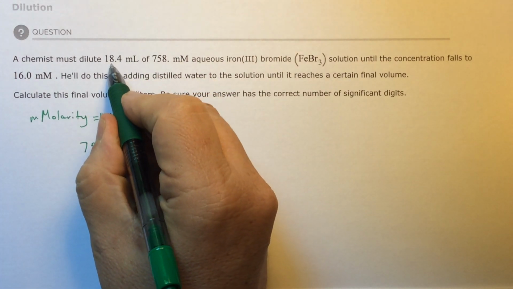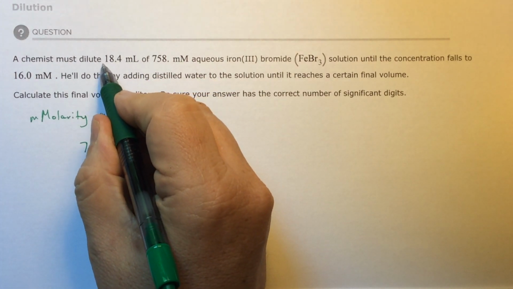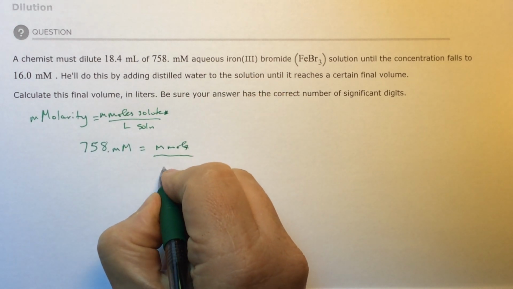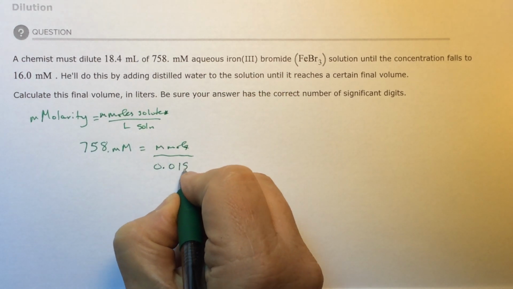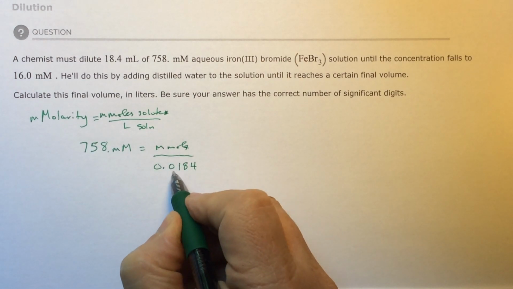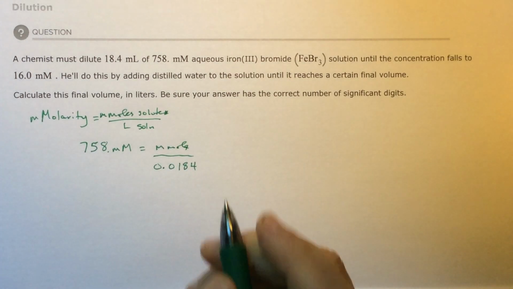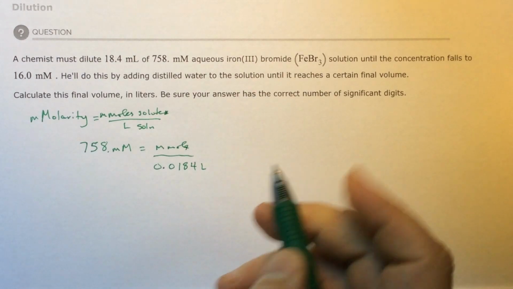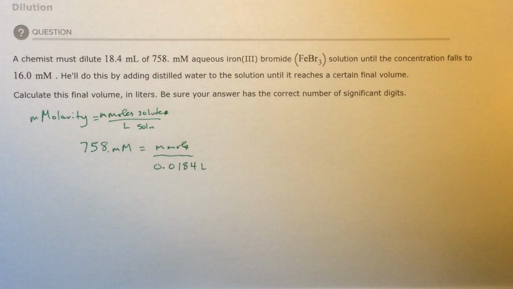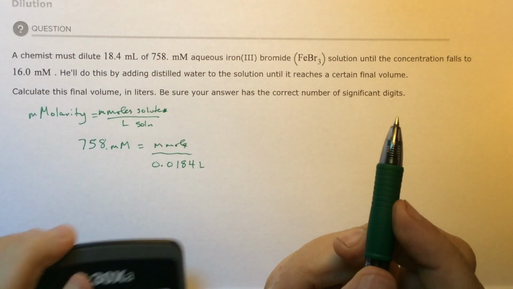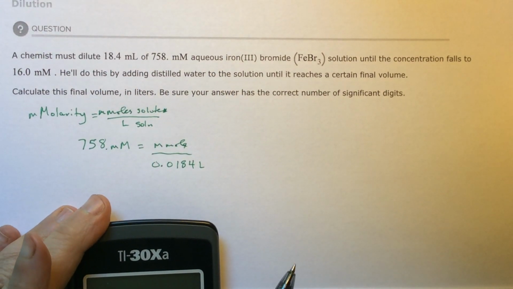So milliliters to liters, I divide by 1,000. 1, 2, 3. So I have 0.0184. Okay, that would be liters. So if I take these two numbers and multiply it, I've solved for the number of millimoles in this original solution.